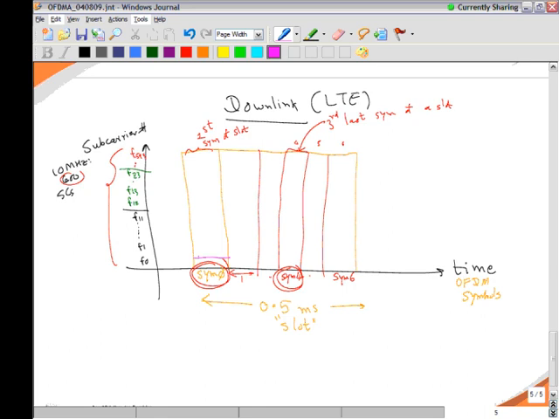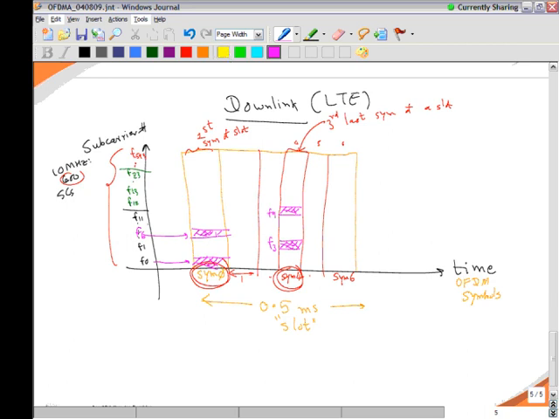Okay, so this is what will happen. F0 and F6. And let's say there are F3 and F9.